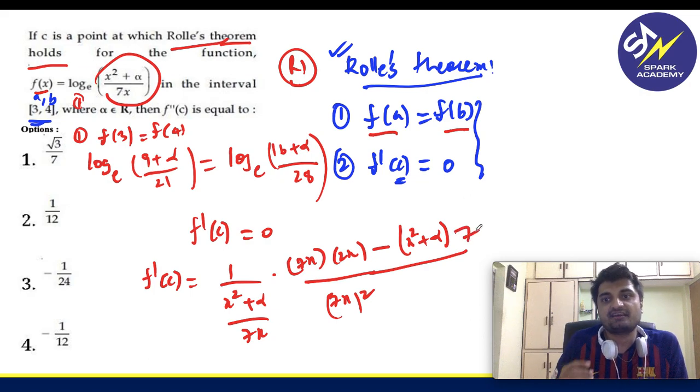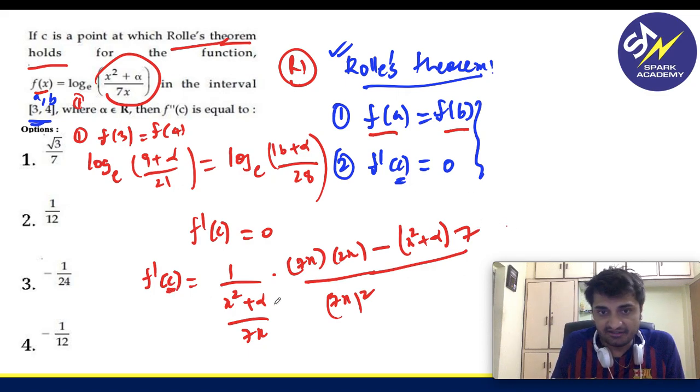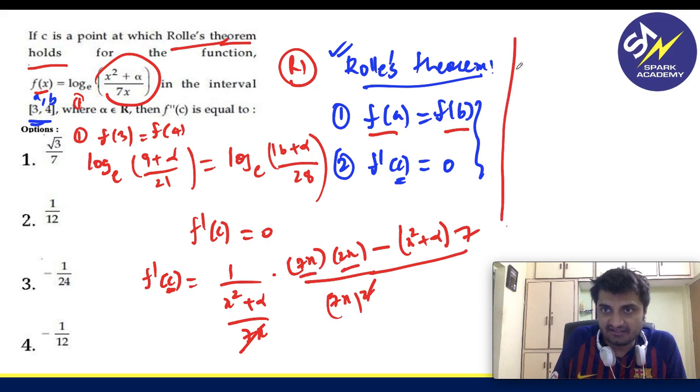Derivative of 7x I can write as 7. So for f dash of c, this 7x square I can cancel. Instead of x, just put c. So what will I get, guys? This is 14x square, or basically 14c square.